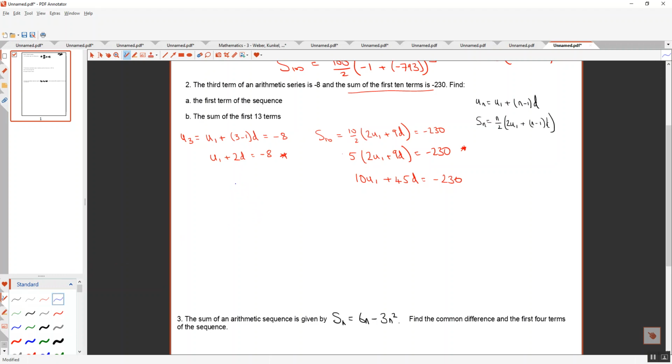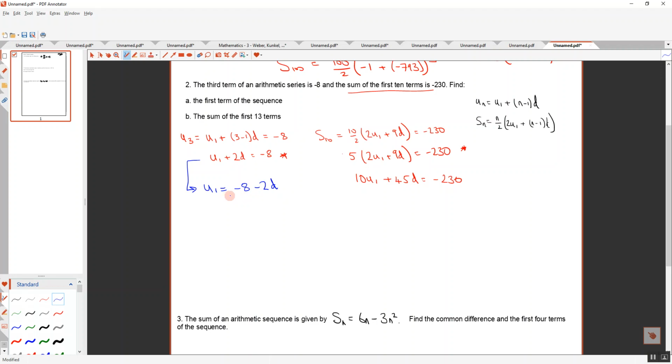Or could you add them? Well, you could only do that if there's the same number of, say, u1s or the same number of ds. The way I would go about it is to rearrange this one. So I've got u1 equals negative 8 minus 2d. Okay, so I've just taken the 2d to the other side.